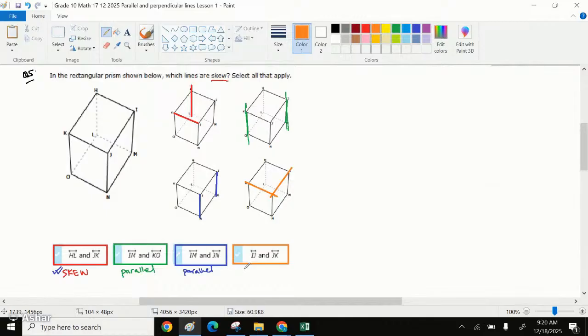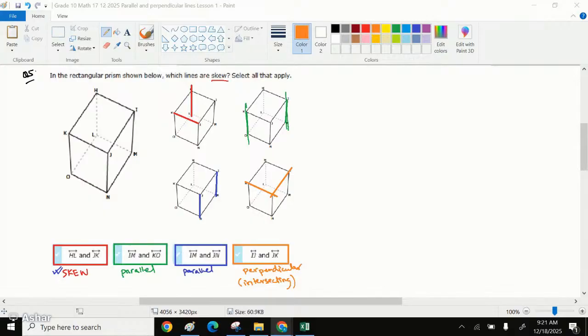So these are perpendicular lines because they are intersecting. Okay, so the correct answer is only the first option because we had to find skew in this question, that only HL and JK are skew lines. Okay, we move on to the next.